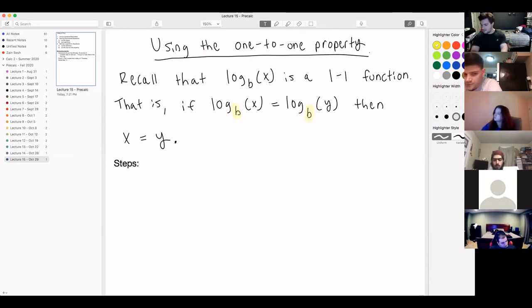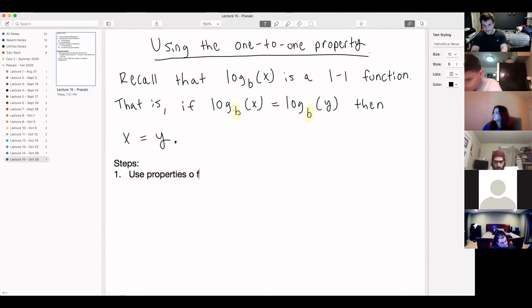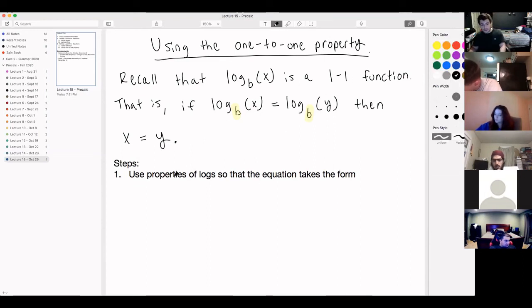All right. Steps. Step one, use properties, sorry, some typos here.